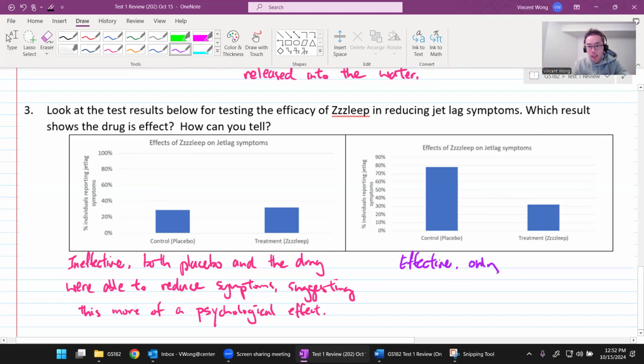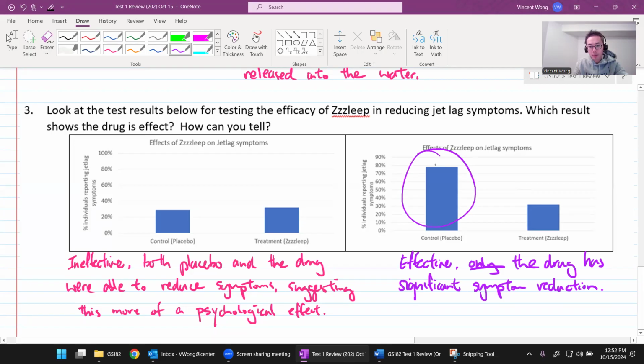Effective. Only the drug has significant symptom reduction. Okay. So like taking the placebo. Remember, placebo is not supposed to do anything, right? That's why we see the people not relieving their symptoms.